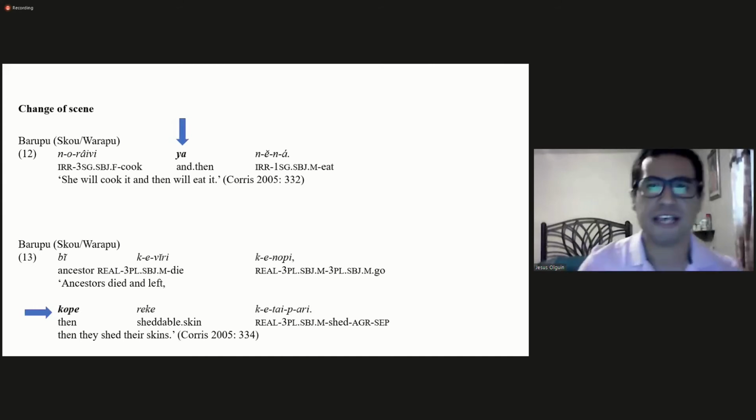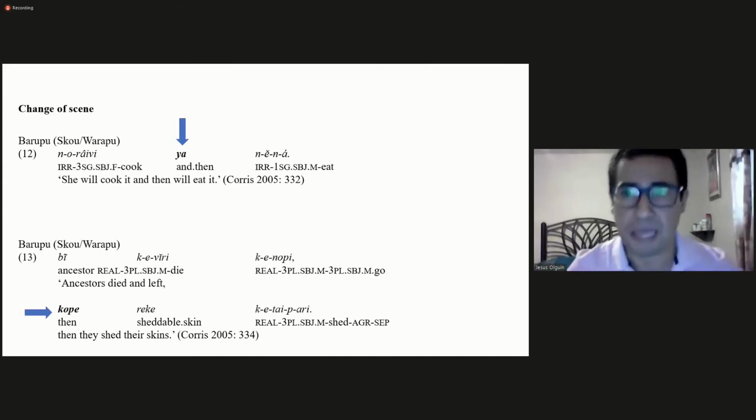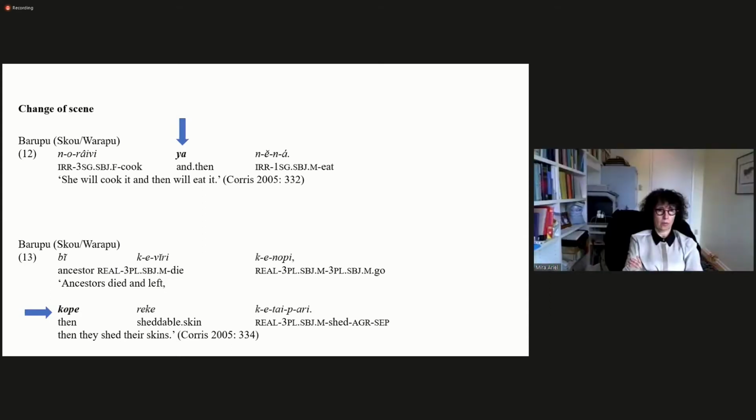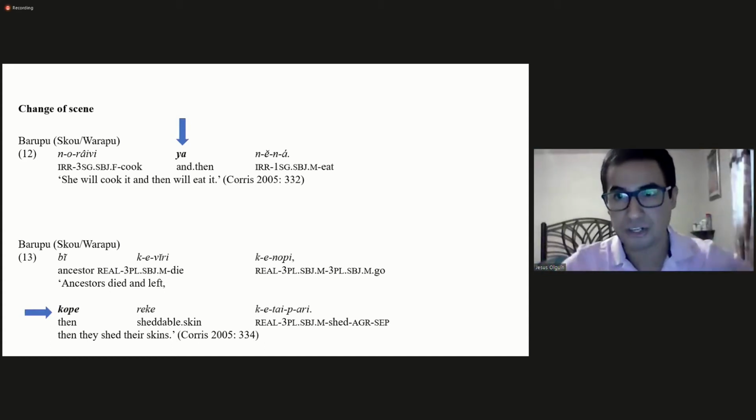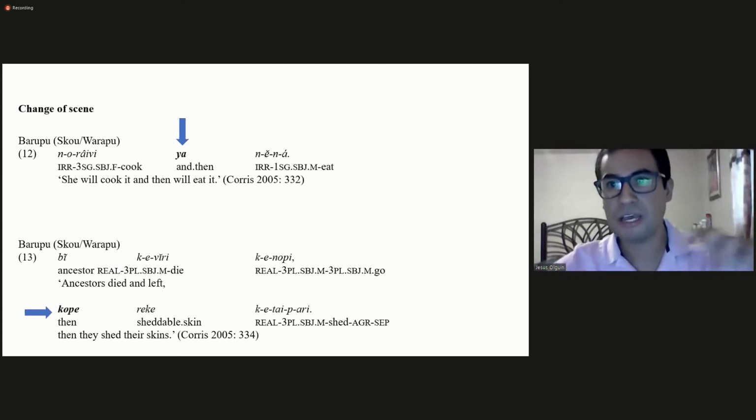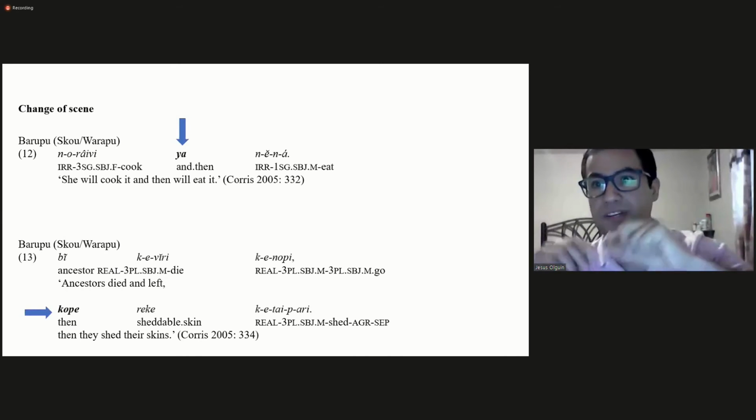Another factor, this is also attested in various languages of the sample, in particular in languages spoken in PNG. And this is illustrated in Barupu. In Barupu, you have these and-then devices that are used depending on whether the action is carried out in the very same scene or there is some change of scene.